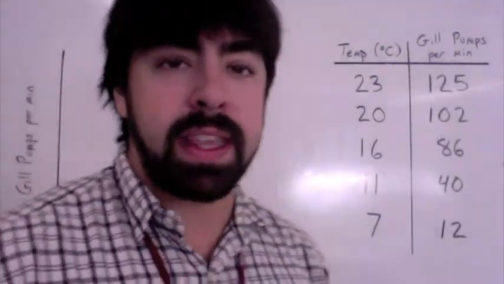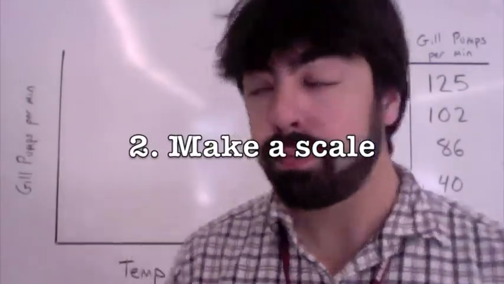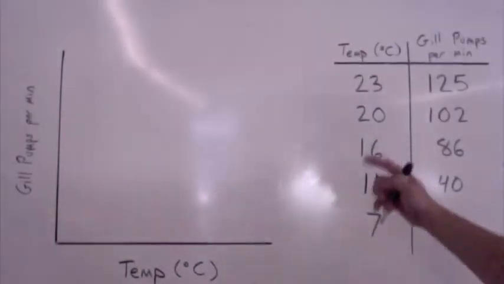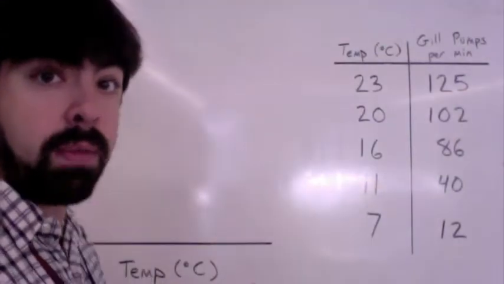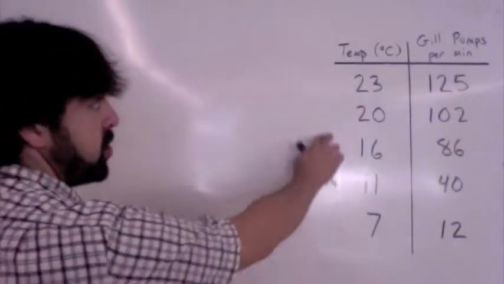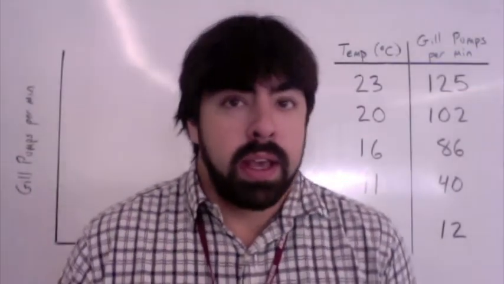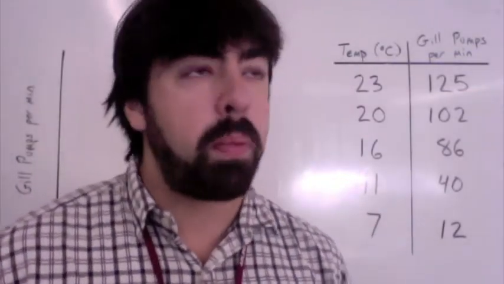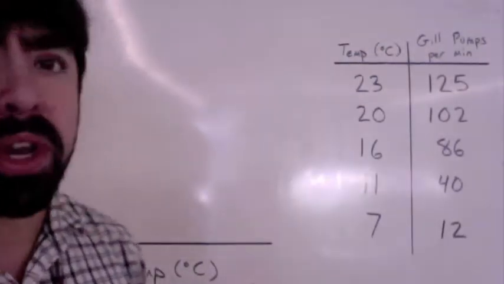All right, next thing you need, number 2, you need to make a scale. So for my temperature, I'm going to look at that and say, okay, the numbers range from 7 to 23. We worked on scale in class, but an easier way to do it is just go by 1s, 2s, 5s, or 10s. Looking at that, I think I'm going to go by 5s.